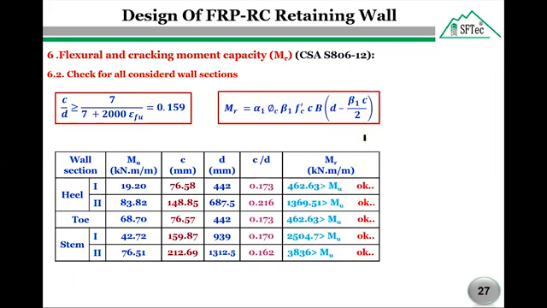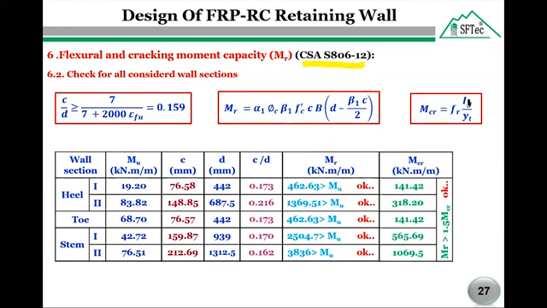After that, the flexural moment capacity is calculated according to the Canadian standard S806 2012 using this equation, and it is checked for every section against the factored moment. As we see here in this column of the table, all the flexural moment capacities are greater than the factored moments.